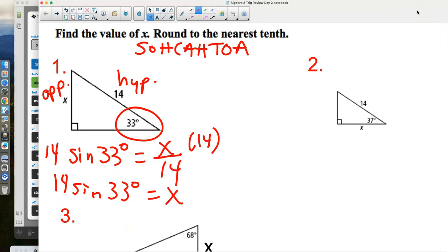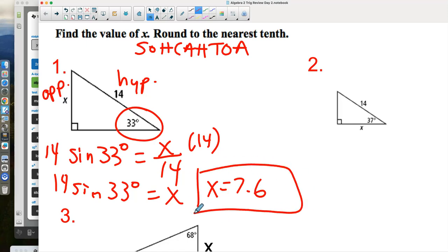Now I'd be looking around for a label, but they didn't label anything. And it wasn't a word problem, so we can't go back and see what the label is. Usually if they don't give us a label, we don't bother with it. It's just one of those things, if it's a word problem, make sure we have those labels.